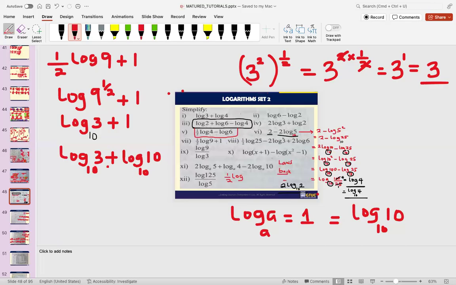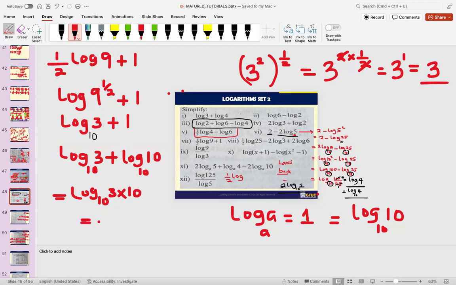So this has now become the first law. When you have the same base, log 10, and there's a plus sign in between them, you just multiply the numbers in front. So finally, our answer becomes log 10, 3 times 10.